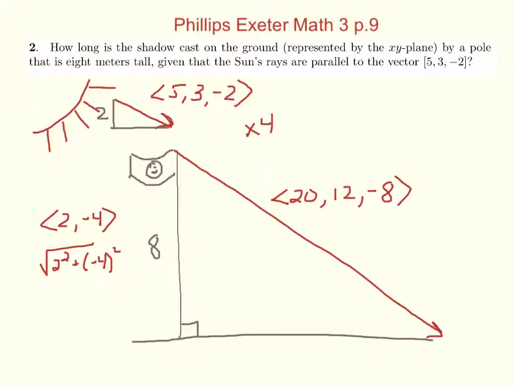But to find the length of this vector 20, 12, -8, we can just use the Pythagorean Theorem with that. And that's called the magnitude. It kind of looks like the absolute value bars a little bit. So the length of this vector would be L equals the square root of 20 squared plus 12 squared plus negative 8 squared.